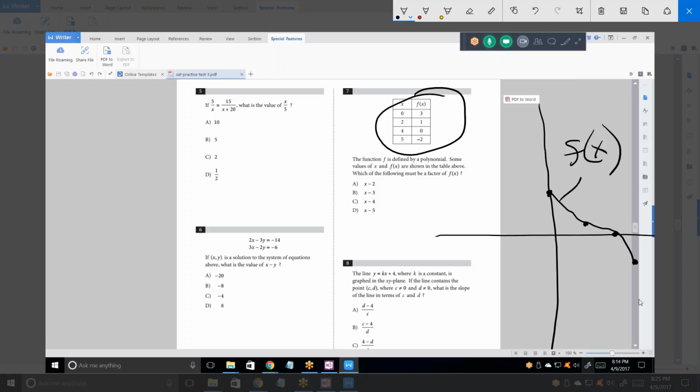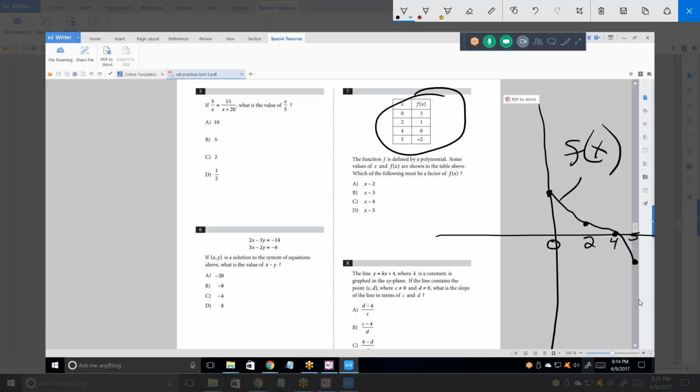Factors are zeros. Where's the 0 on this function? Looking at our graph, this is 0, that is 2, that is 4, that is 5. Where's the 0 on this function? On the y axis?